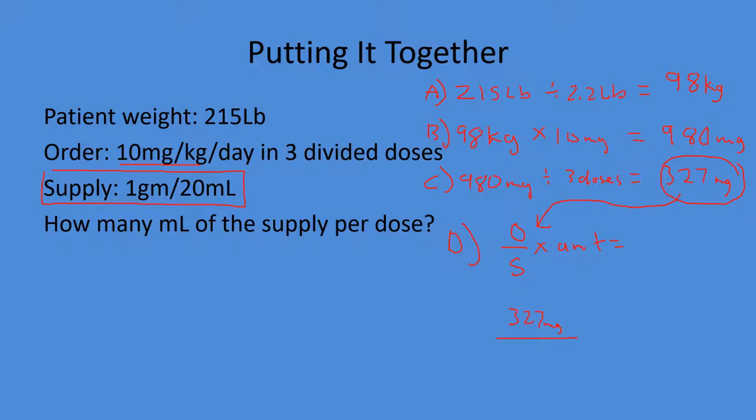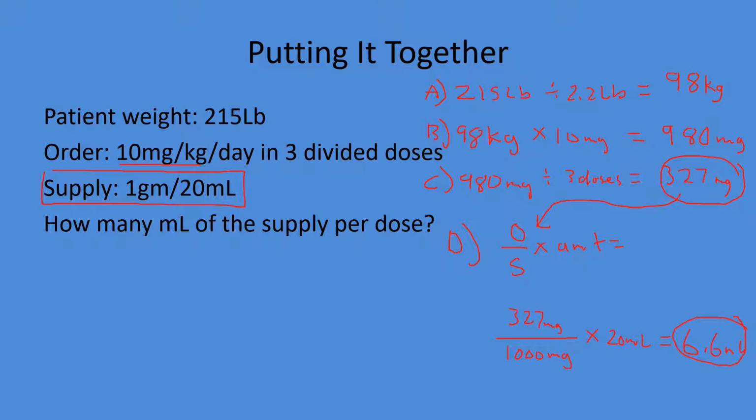Our supply comes 1 gram, which is 1,000 milligrams per 20 mL. There you go. It's about 1,000, a third. How many mLs do they need per dose? So you got 6.6? About 6.6 mLs.